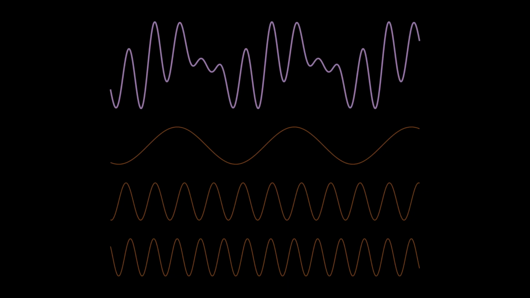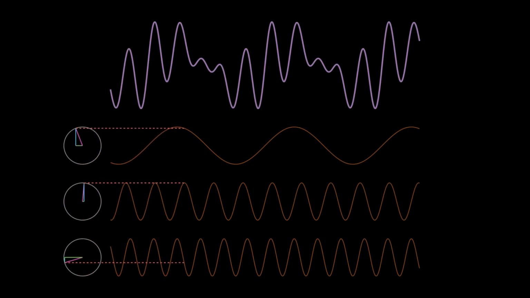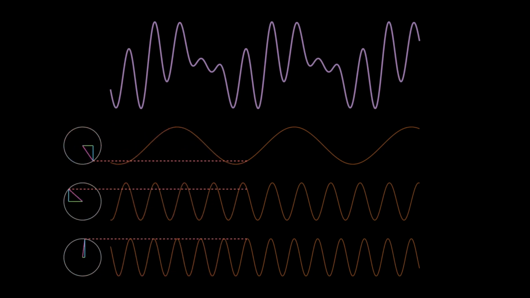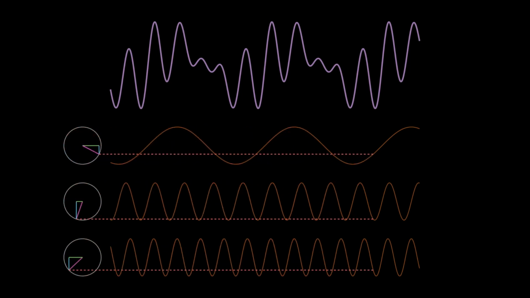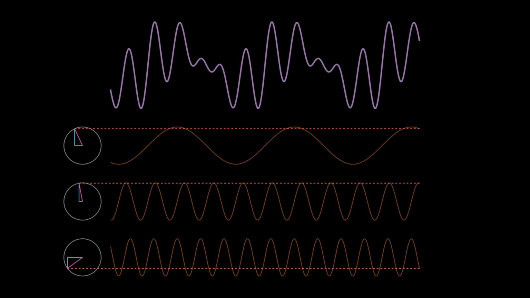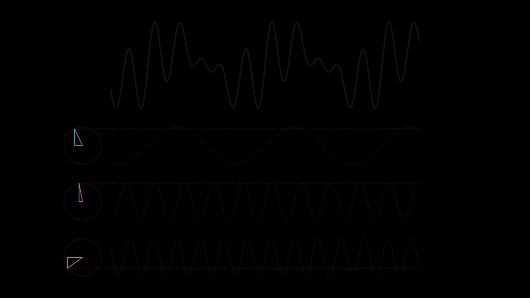And it just so happens that behind all of these perfect waves, which again are like the building blocks of every other wave you could possibly draw, hiding behind all of these waves are, in fact, just a bunch of changing right-angled triangles spinning around a circle.